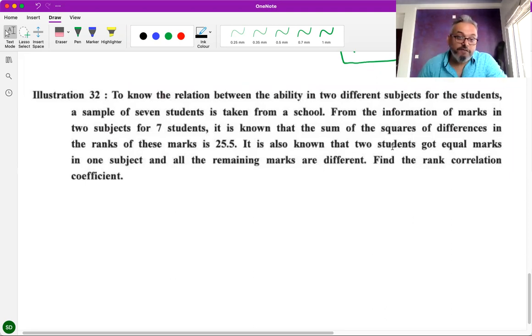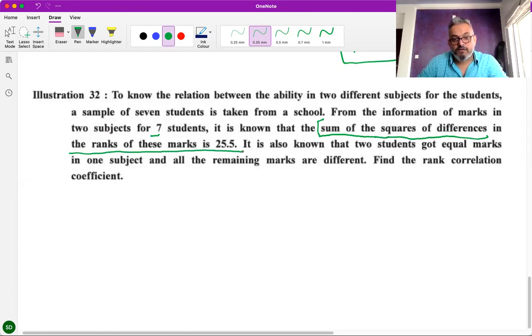A sample of 7 students is taken from a school. From the information of marks in 2 subjects for 7 students, it is known that the sum of the square of the difference in the ranks of these marks, sigma d square, is 25.5.